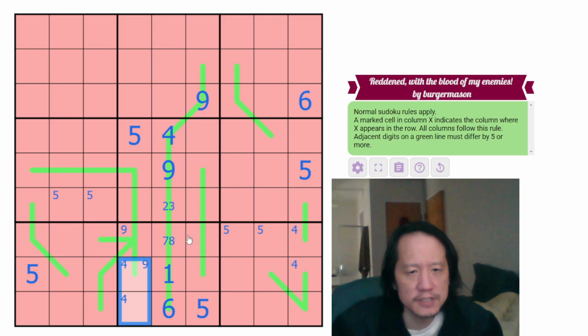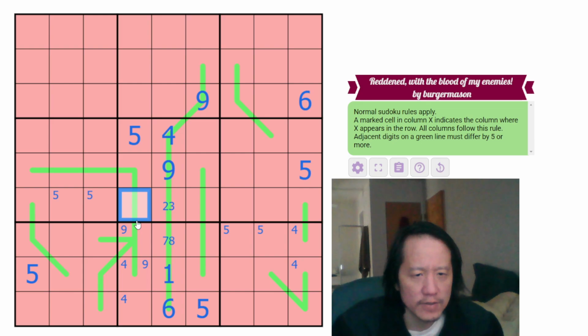Where can a 6 be? In box 5. Well, first thing, we know this is a low, so let's color this a low.